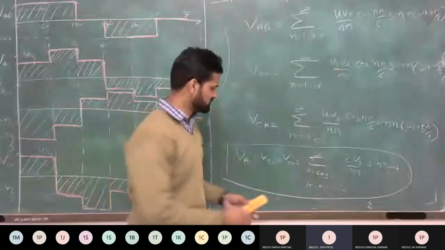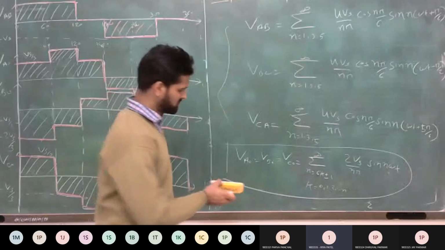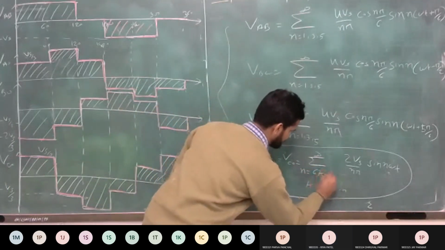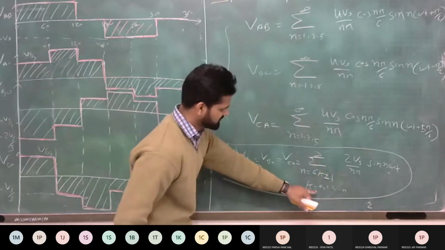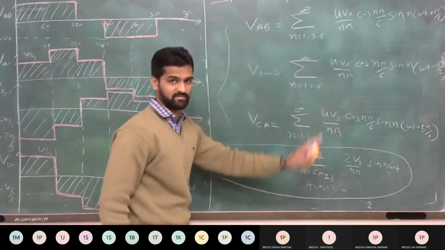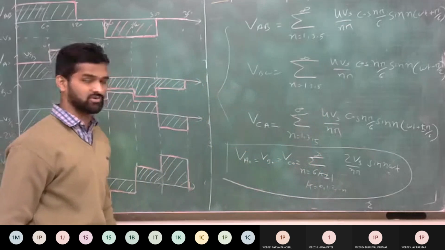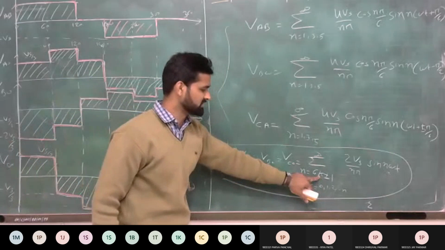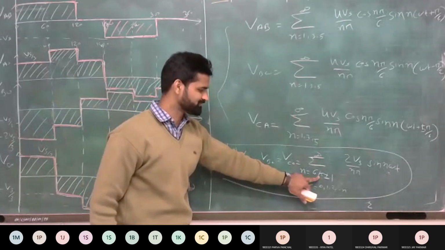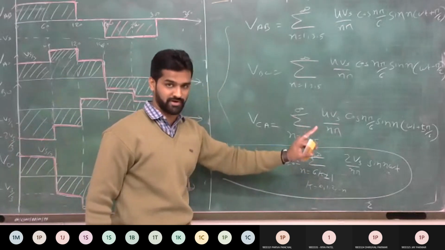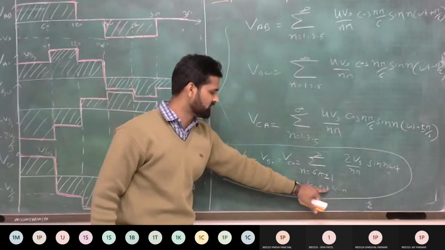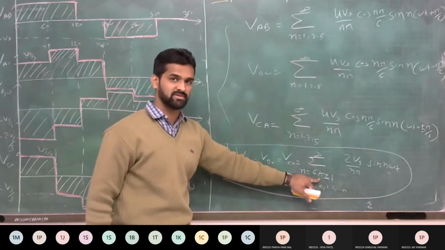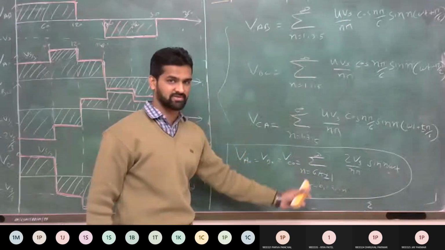Summation, n is equal to 6k plus minus 1, but k starts from 0, 1, 2 up to infinite, all the integer values including 0. So if you put 0 in k, it becomes the fundamental component. Then put k equal to 1, so it means 6 plus minus 1, that is the 5th and 7th.